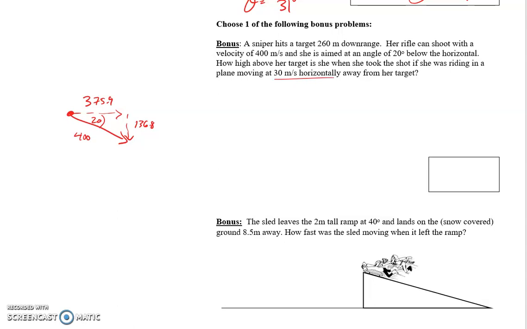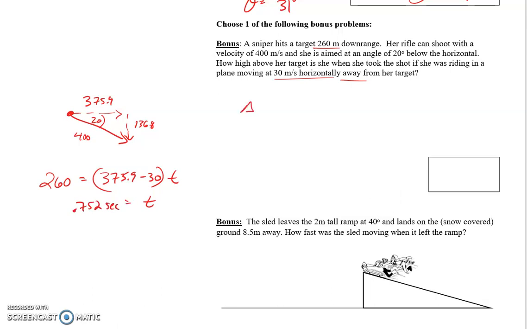It says that she hits a target 260 meters downrange, so that's your range. Your x velocity is actually going to be 375.9 minus this 30 meters per second that they're driving away from the target. So if you subtract and then divide, you get a time of 0.752 seconds for this shot to hit the target.